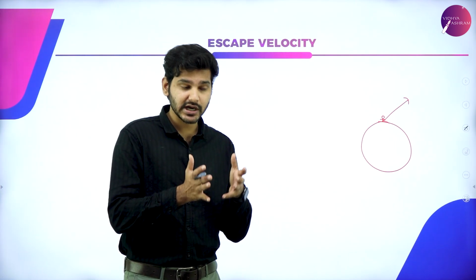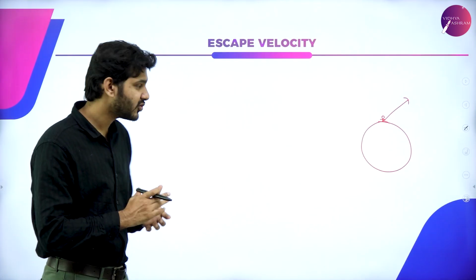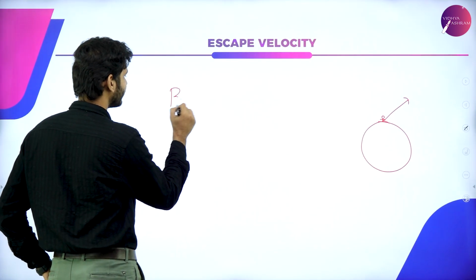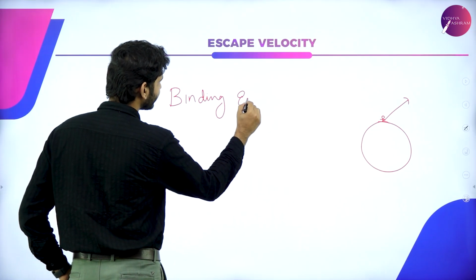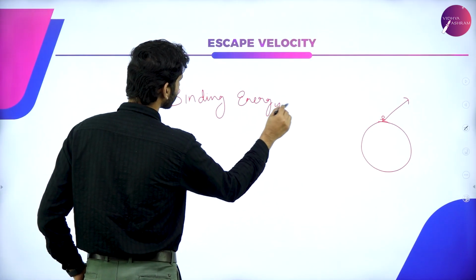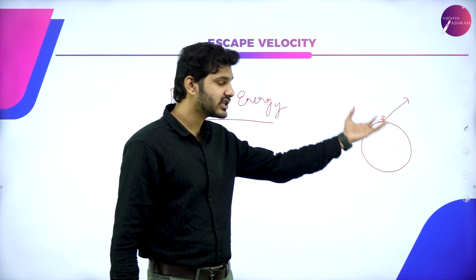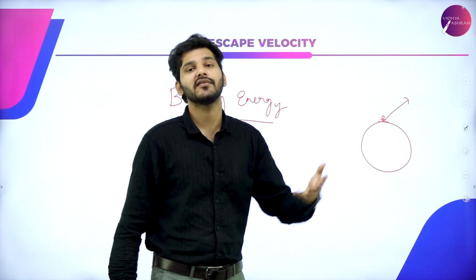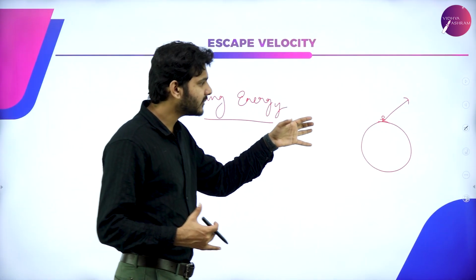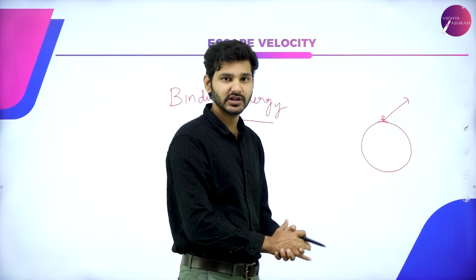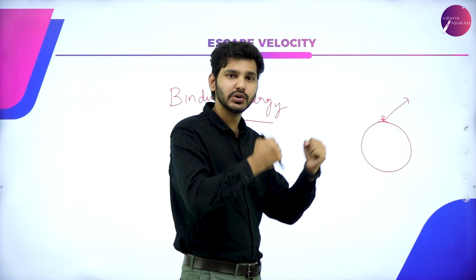Either you can do it according to the binding energy. Let's talk about binding energy. So what is binding energy? Binding energy just means the energy required to escape Earth's gravitational field. The Earth will be trying to bind us to it, trying to use its gravity to keep everything together.